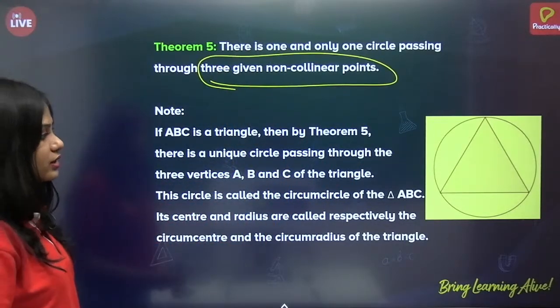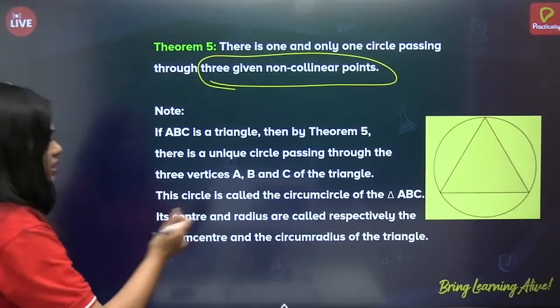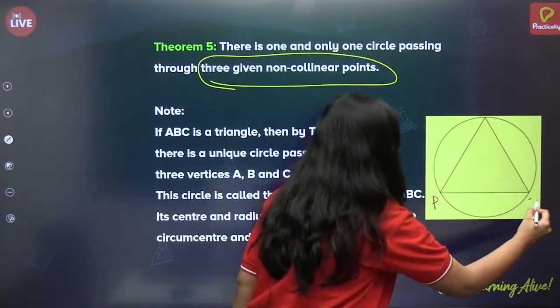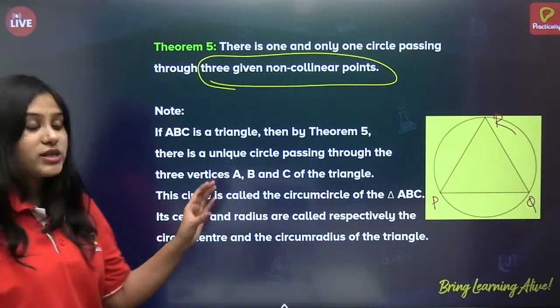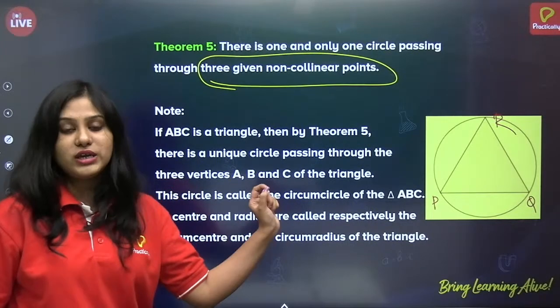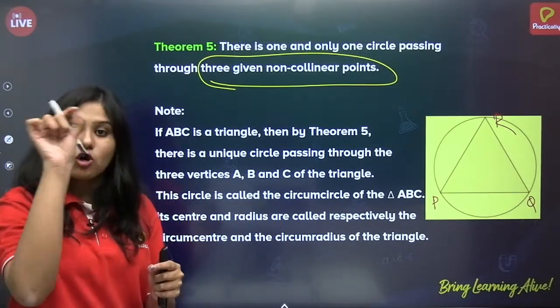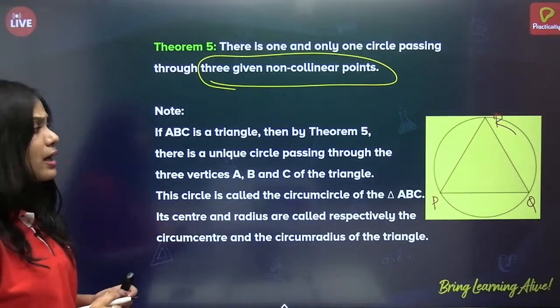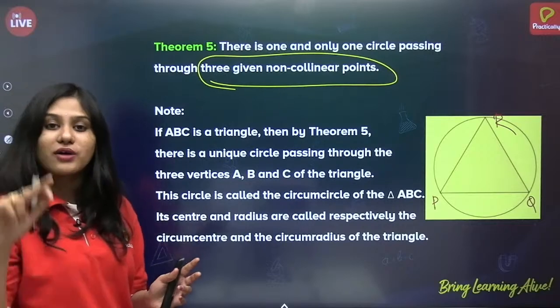So here, let us take ABC points or anything else. You can just take P, Q, R, correct? So these points P, Q, R are non-collinear points, and we have drawn a circle which passes through all the 3 non-collinear points. But what if PQR is a triangle and you have drawn a circle?